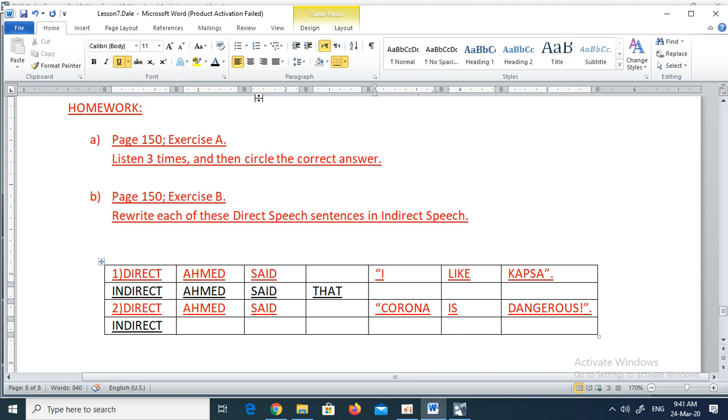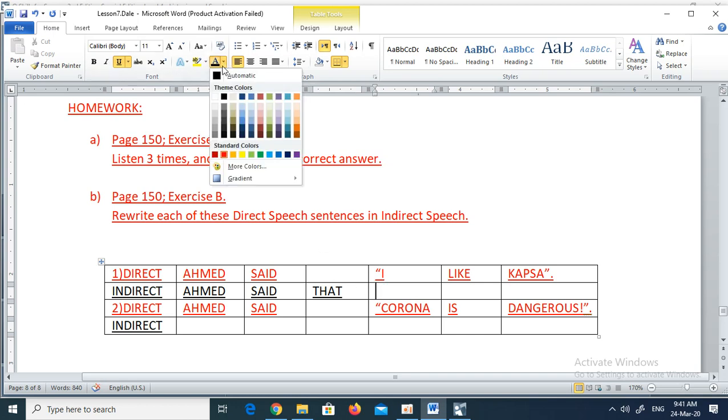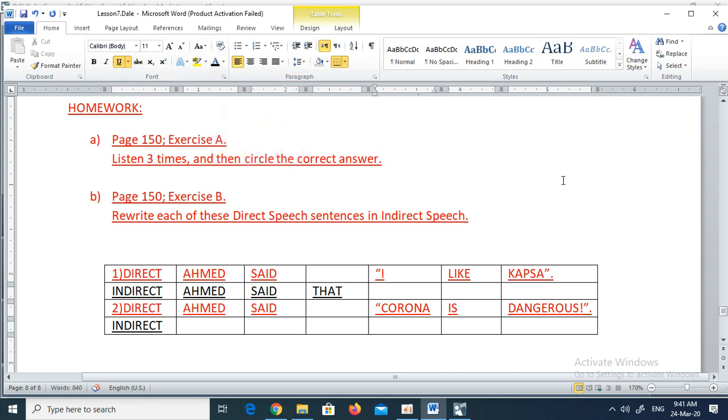In this box, it's now indirect speech, not direct speech. So we will drop the inverted comma. And because Ahmed is no longer speaking direct speech, somebody else tells me what Ahmed said. The subject is not I any longer. It is he.